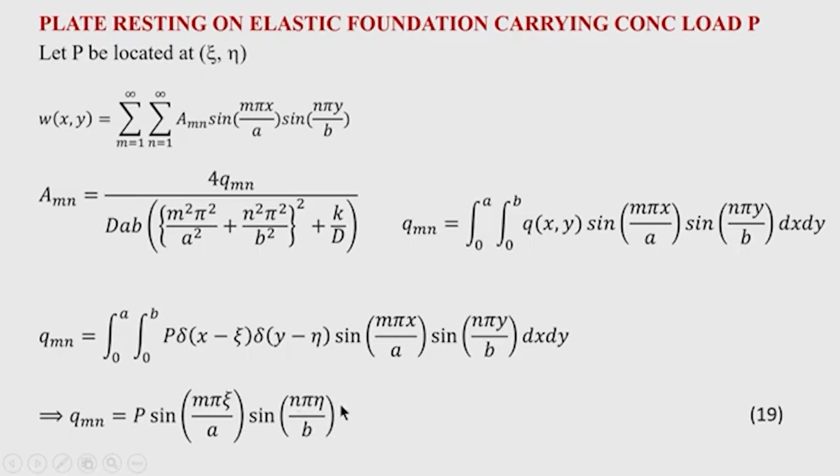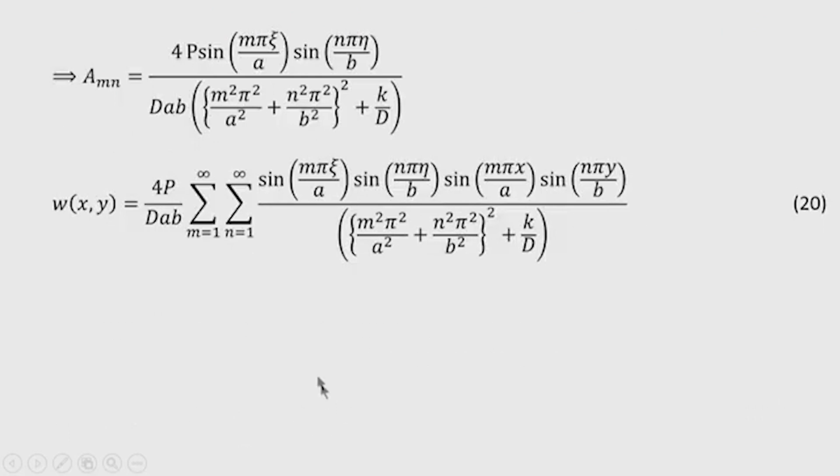Once q_mn is obtained, you can get a_mn, as a_mn contains q_mn. It also contains the flexural rigidity, the dimensions of the plate, and in this case the modulus of subgrade reaction, and the wave numbers m and n that appear due to the assumption of a double trigonometric series for the deflection function.